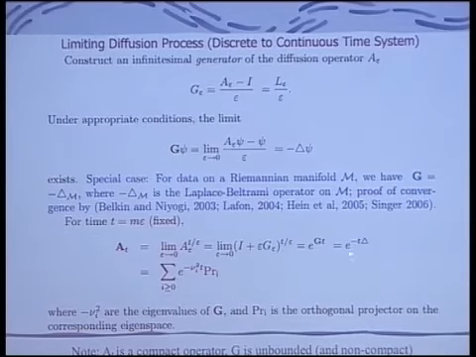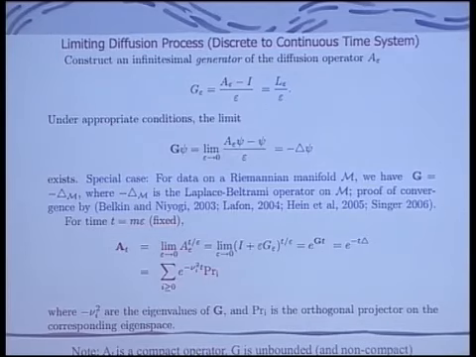Here we're looking at the general case with a generator. In the special case, the limiting diffusion operator is just a heat operator. Now we can rewrite this diffusion operator in terms of projectors onto the eigenspaces defined by the eigenfunctions of the generator, and the eigenvalues here are exponentially decaying.